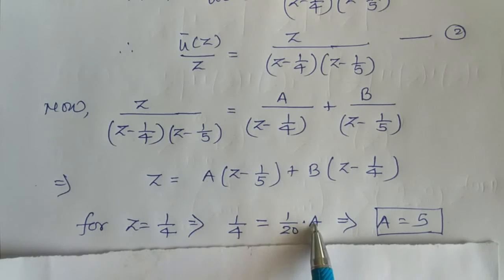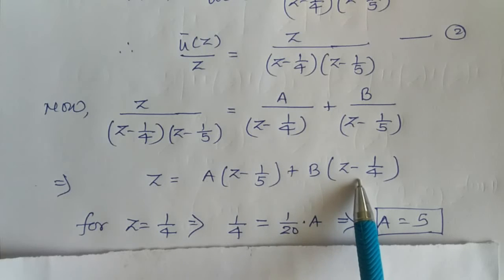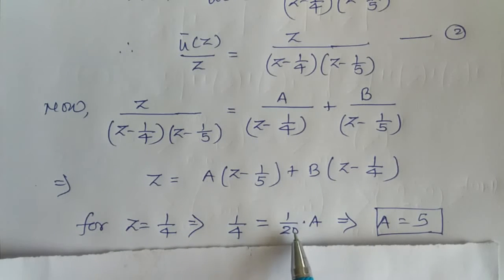So 1 by 4 equals 1 by 20 A plus 0, and further 20 by 4 is 5, so we get A equal to 5. So for z equal to 1 by 4, the value of A is 5.